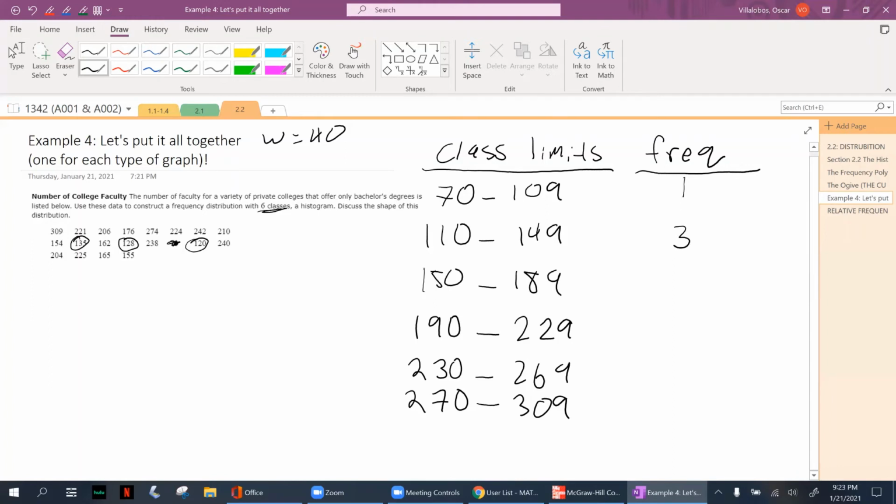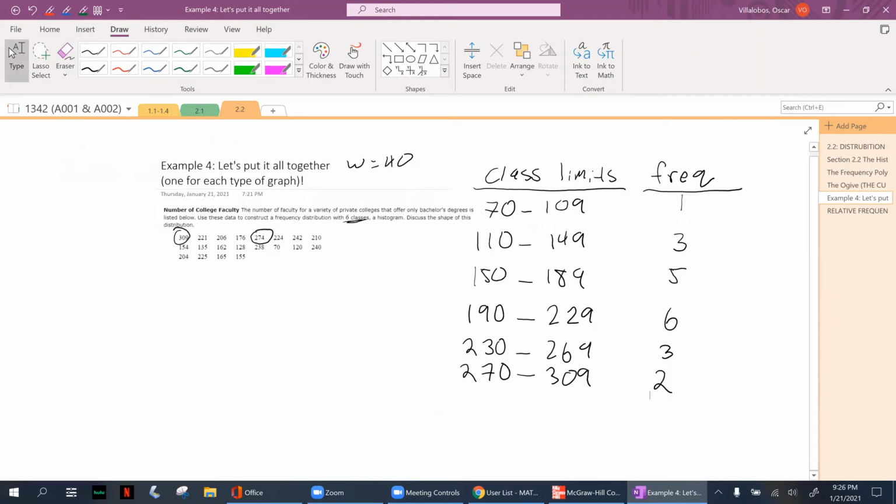And what you can do is after you count it, you can cross them out. And let's do some magic. And there we go. So for the first class, I had 1, second class 3, 5, and so forth. And then let's sum these up.